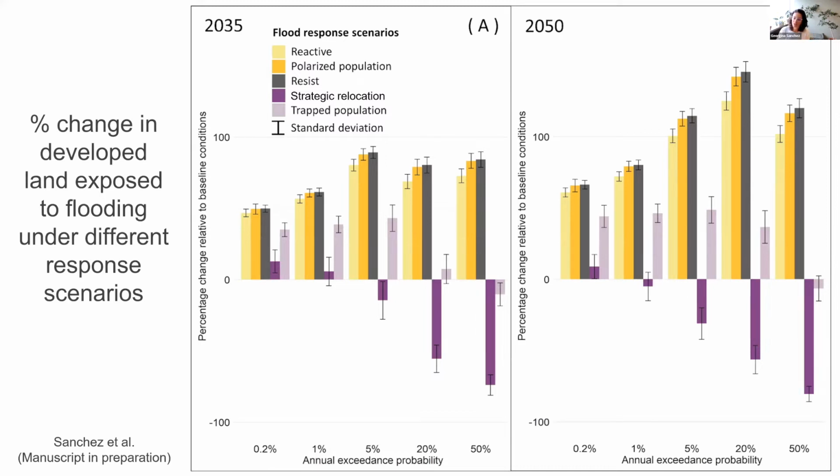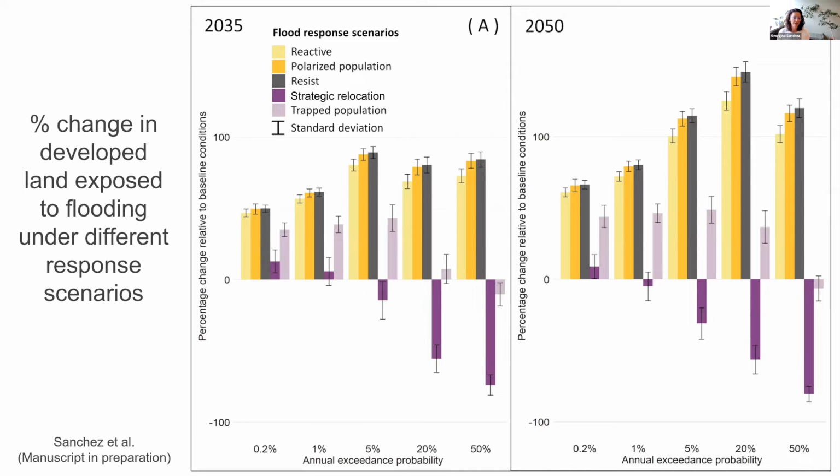Now, allow me to continue with the same case implementation for the Charleston metropolitan area. Here I'm comparing exposure to future flooding for five response scenarios. And my goal here is not really to dive into the specifics of each one of these response scenarios.